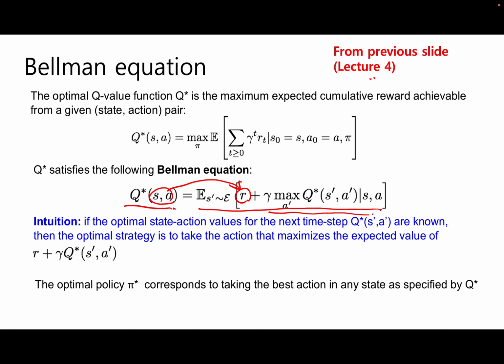That is a recursive formulation of the Q function. That is the basic definition of the Q value function, and assuming optimal, the Q function is optimal with the star notation, then we can rewrite this into this kind of Bellman equation, recursive formulation.